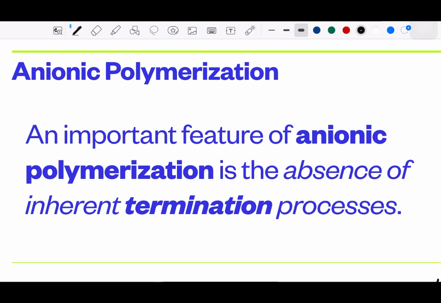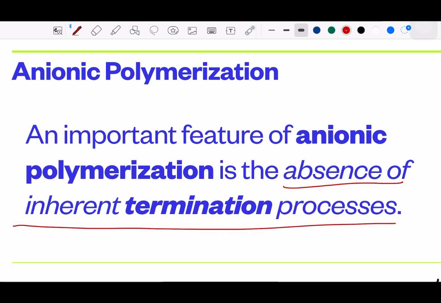This is really important to take notes. So, absence of inherent termination process. And somewhat we can say this is what we call living.